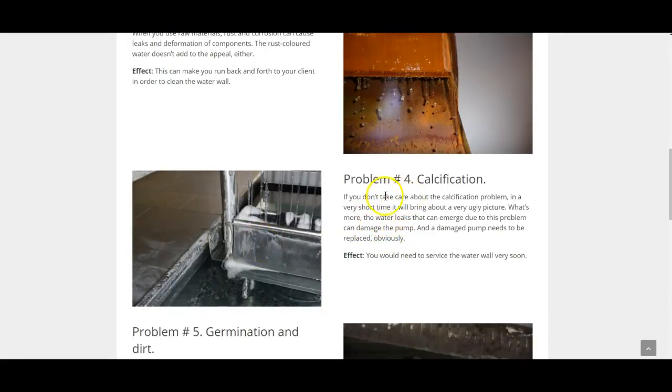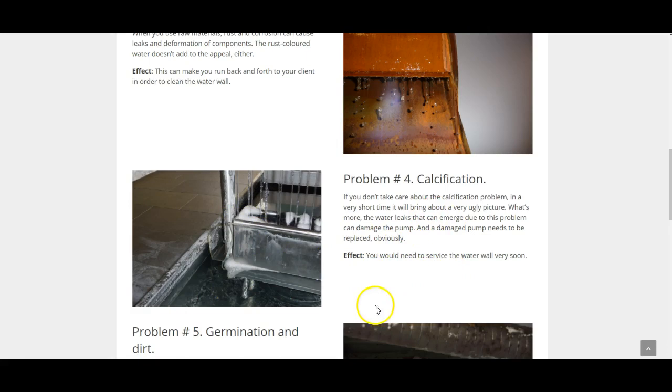Then a really common problem, which most people don't expect, is calcification, which makes your water feature and your water wall dirty in the first place. But calcification will also destroy your pump, and can also lead to serious damages. Because when lime is stacking, it might build bridges where water can escape the system.